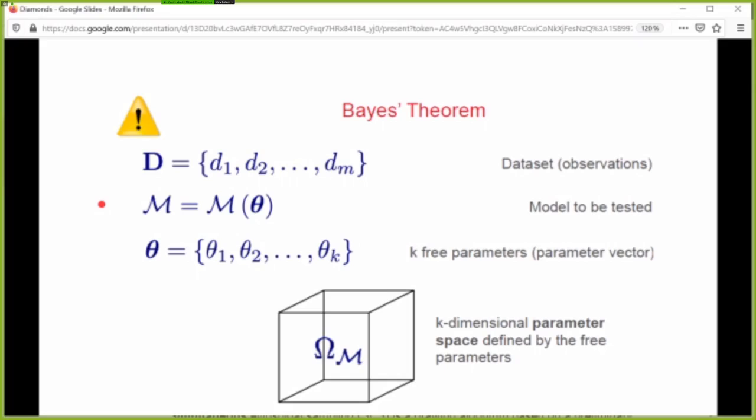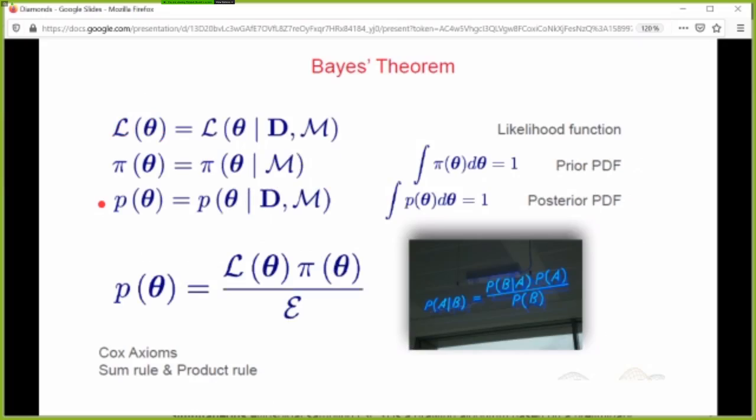Now that the basic notions have been presented, I'm going to switch to the real formula. As you can see on the bottom right, this is the historical formula of Bayes' theorem, where the probability of A knowing B to be true is equal to the probability of B knowing A to be true times the probability of A being true, divided by the total probability of B being true.